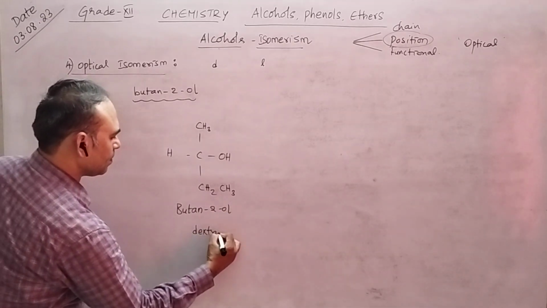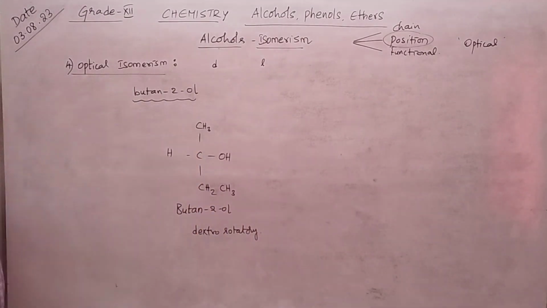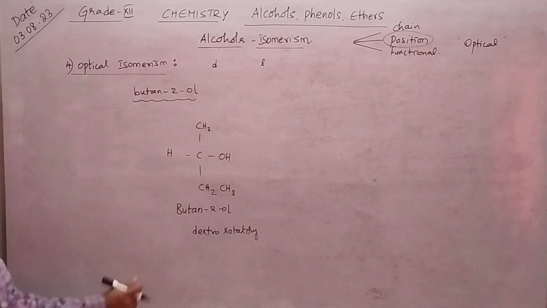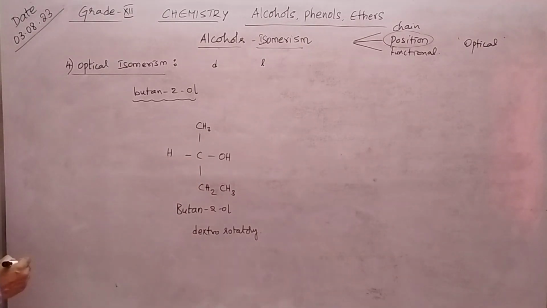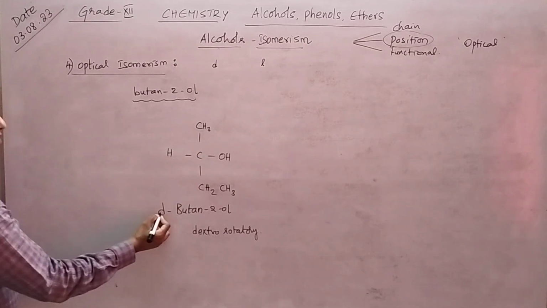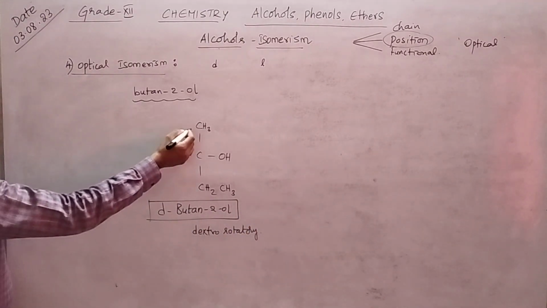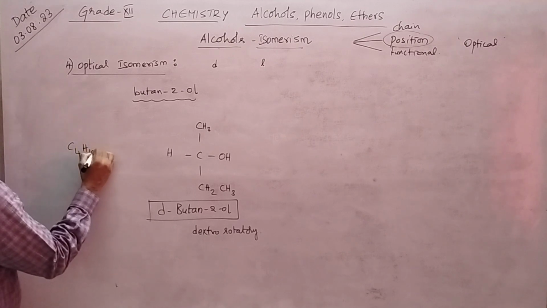Now this will exhibit dextrorotatory nature. That means if you take this compound and pass plane polarized light through it, the light will rotate towards the right side or clockwise. Now we can say that small d, that means dextrorotatory compound. But if you observe the molecular formula, you have C4H10O.